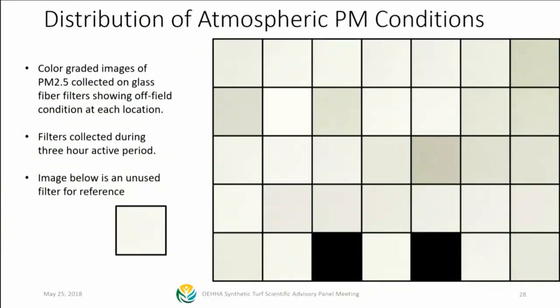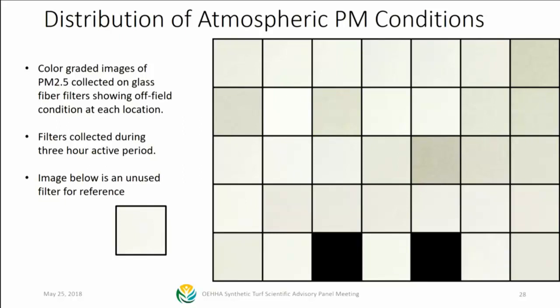So this matrix, following the same theme, is a visual comparison, but it's very quantitative because the images themselves have been standardized. So just visualizing what the conditions at the field might have been. This, in fact, is a PM 2.5 measurement on a glass fiber filter, high volume measurements that have been clipped down.